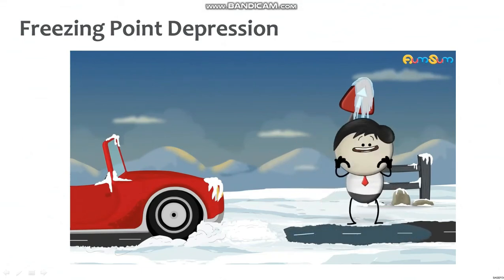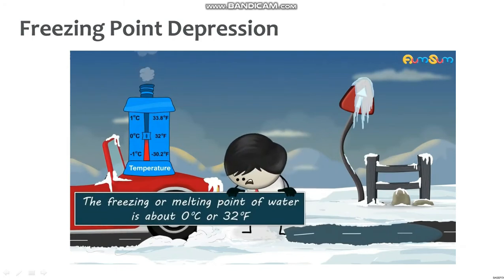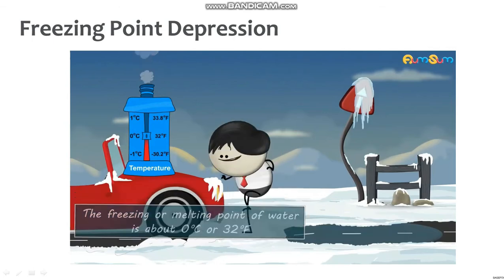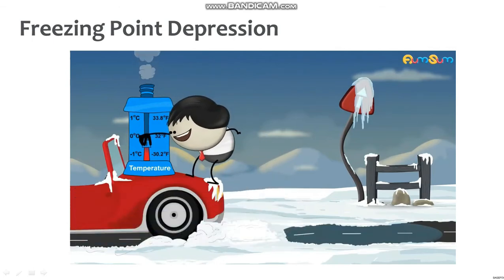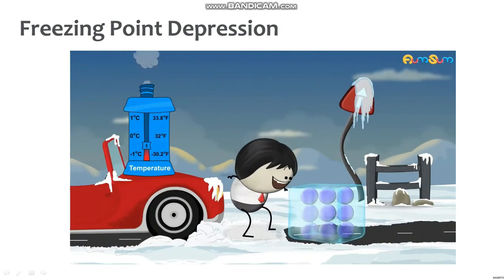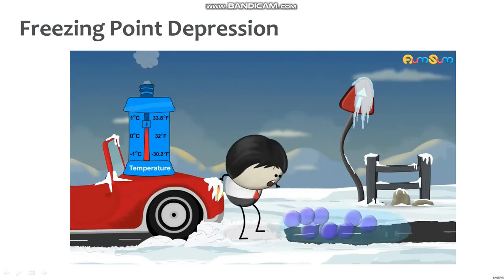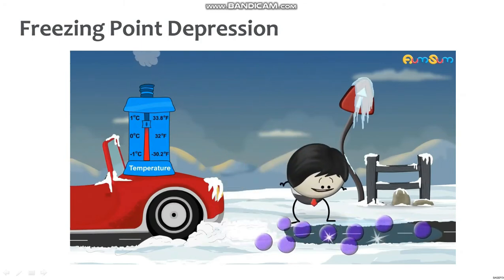But how? The freezing or melting point of water is about 0 degrees Celsius or 32 degrees Fahrenheit. When temperature drops below the melting point, the water molecules bond together to form solid ice. However, when temperature rises above the melting point, the bonds break and the ice melts, forming liquid water.